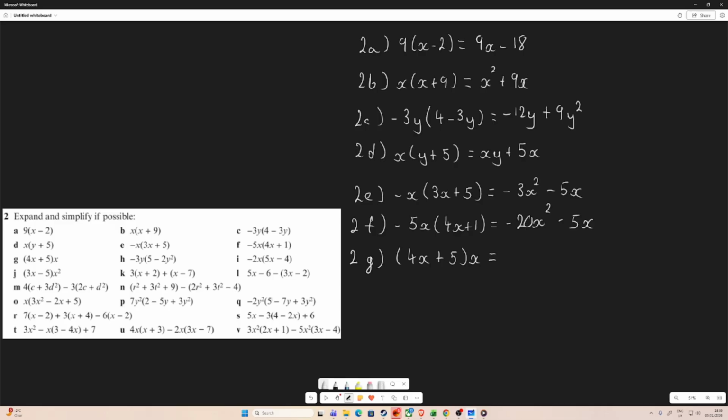Okay, 4x times x is just 4x squared plus 5x. And 2h. We have negative 3y into 5 take away 2y squared. That will be negative 15y plus 6y cubed.